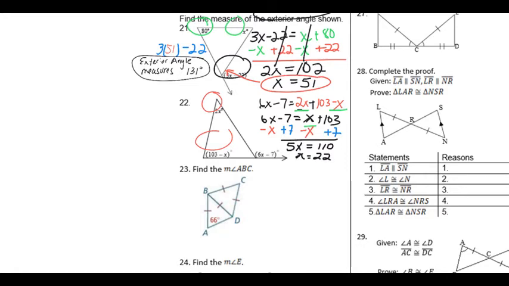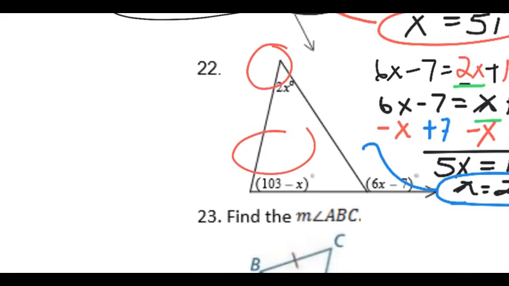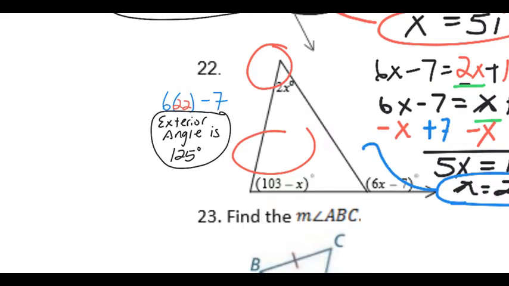Now we're going to have to take our new x and substitute it into the exterior angle. So 6 times parentheses 22 minus 7. Plugging in our 22 that we just found, we find out that the exterior angle measures 125.